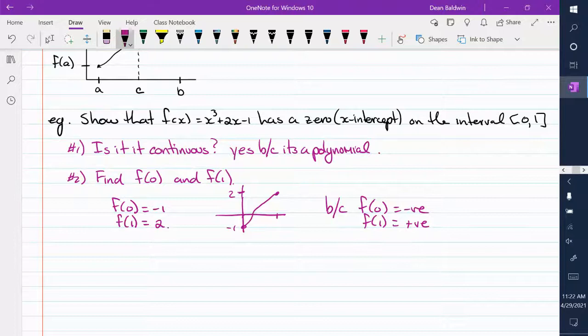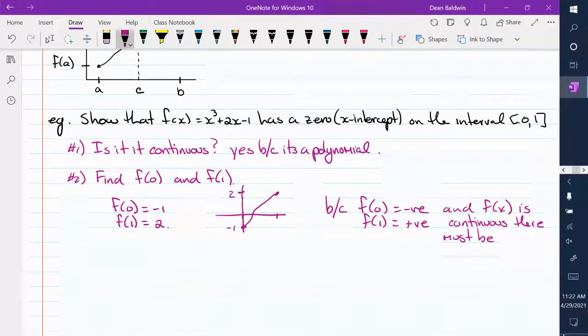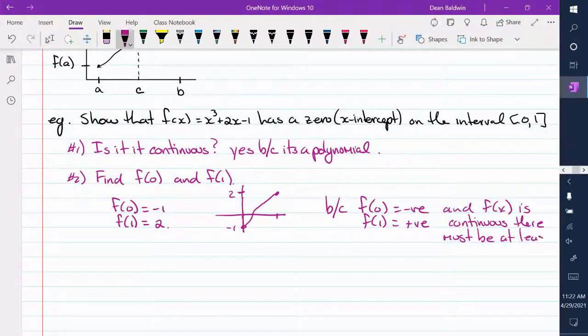I don't know why I write it that way, but I just do. And f of x is continuous. There must be at least 1 zero on the interval 0 to 1. Or x-intercept, whatever you want to call it.